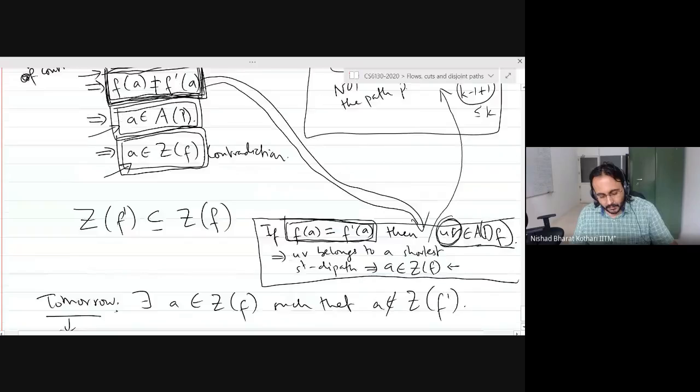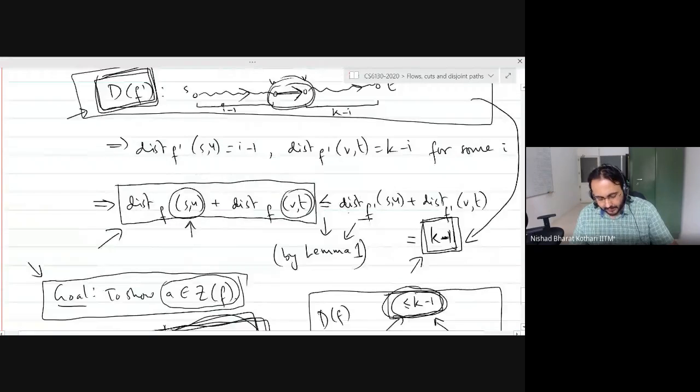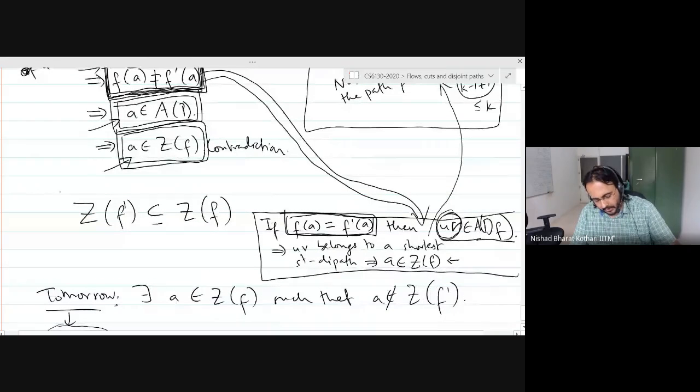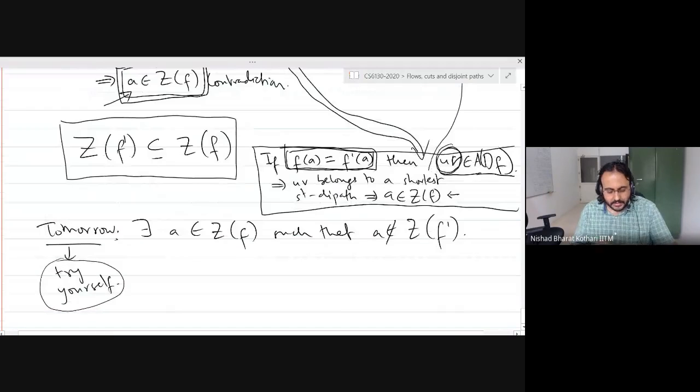So what we have proved so far is we took an arc in Z of F prime and we proved that it is also in Z of F, right? In particular, Z of F prime is a subset of Z of F. And I had asked you to think about the next step. How do you show that there is some arc in the right hand side which is not on the left hand side?